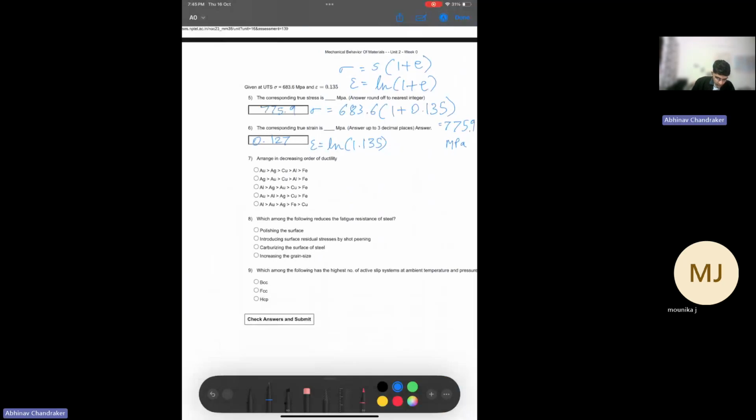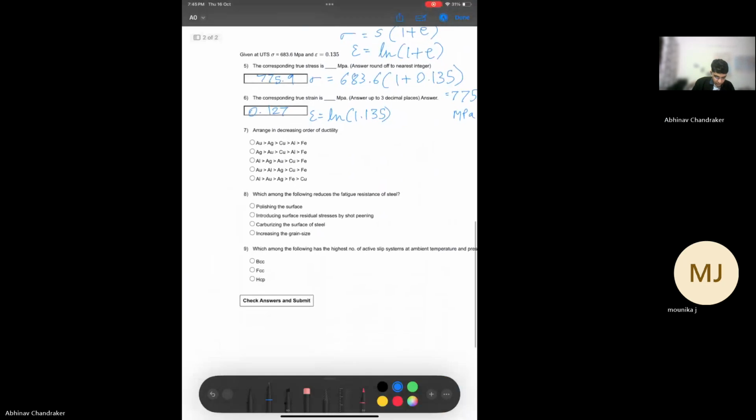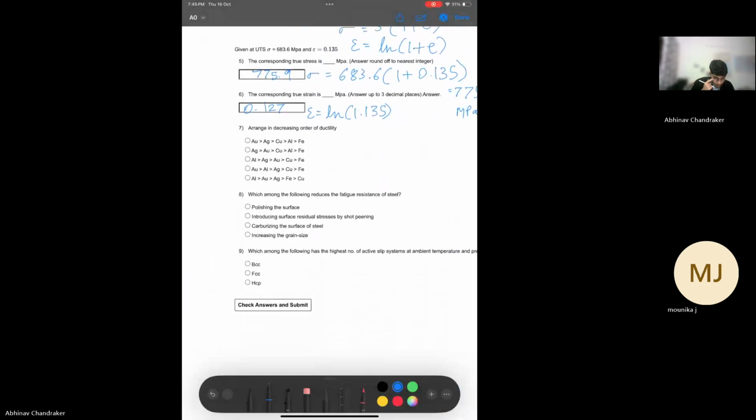Question number 7. Arrange in the decreasing order of ductility. This is interesting. Ductility is mostly dependent on plasticity, which can be deformed more easily and uniformly. Among these, it is known that gold is the most ductile. It's easy to make very fine laces out of gold. Then comes silver. I think this is the order: silver, then copper, aluminium, iron.